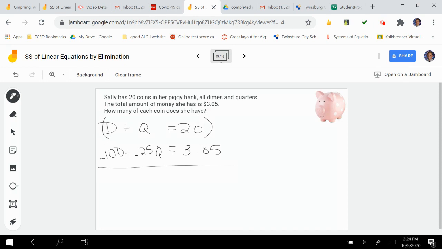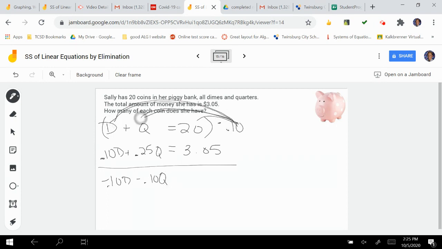What is the opposite of 0.10? Good, negative 0.10. And now I'm going to have to distribute to those values, and I get negative 0.10D. I get negative 0.10Q because I'm just distributing this.